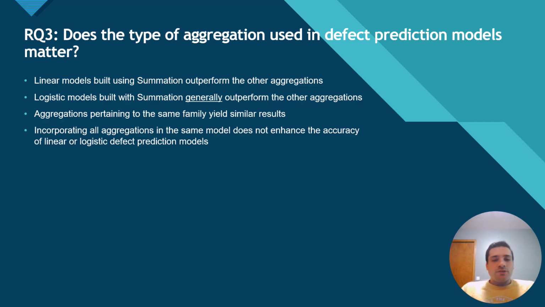And for the third research question, does the type of aggregation used in defect prediction models matter? They found that linear models built using summation outperform the other aggregations, and similarly, logistic models built with summation generally tend to outperform the other aggregations. So very similar between the 2 different types of models, but logistic models aren't fully outperforming the other aggregations, but generally do.